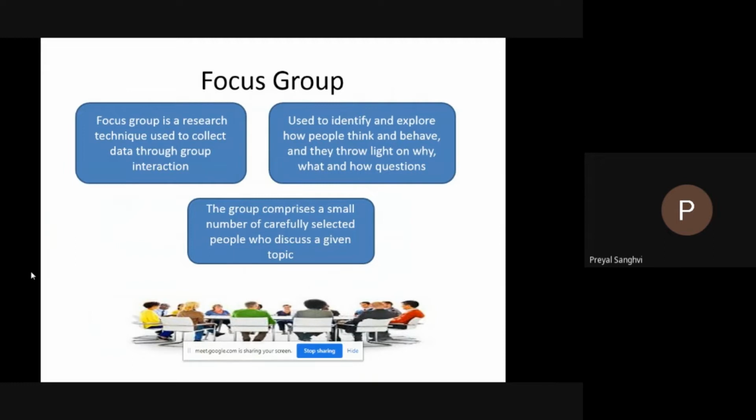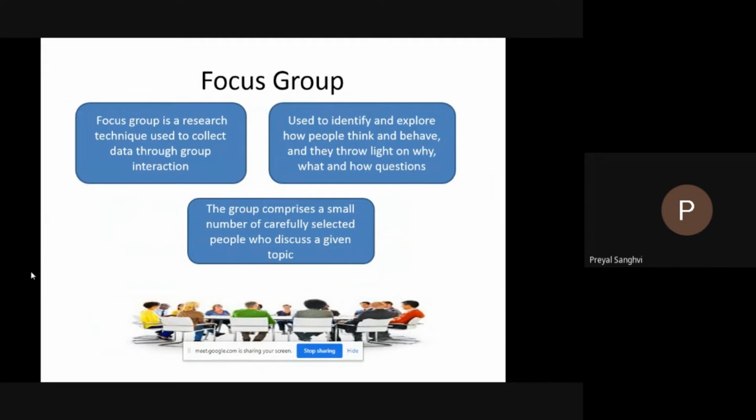The group should be homogeneous in nature. They interact with each other. The researcher observes and records the discussion among the various members of the group and tries to understand what topics are discussed by the group members. It is used to identify and explore how people think and behave, and it throws light on why, what, and how questions.